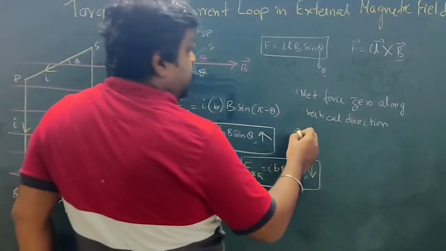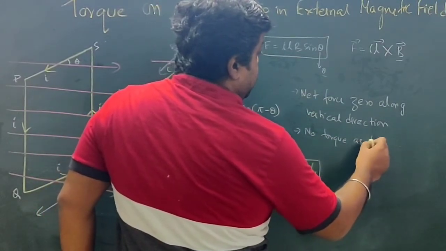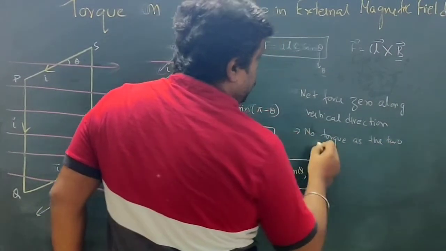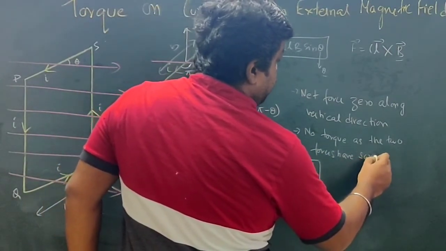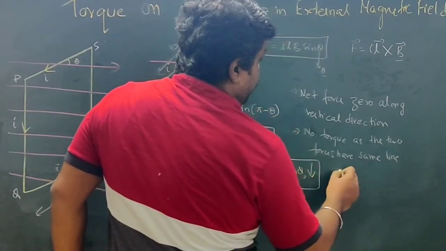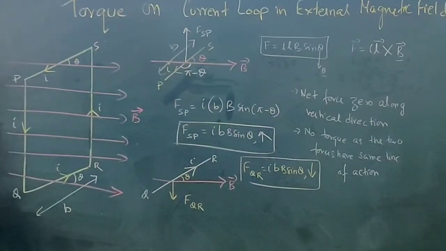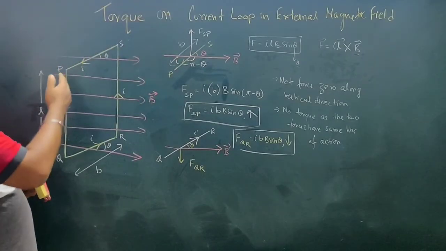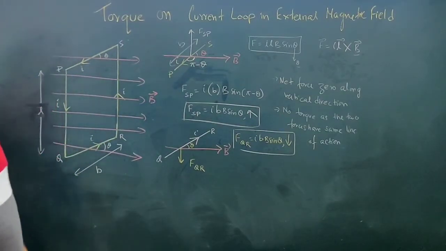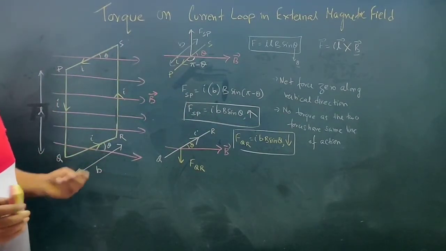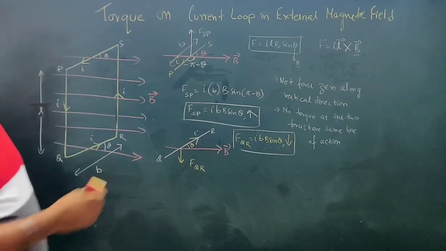So no torque, as the two forces have the same line of action. So for the parts SP and QR, we have seen that the forces cancel each other, and they don't produce any torque either. Now let's see what happens for PQ and RS.